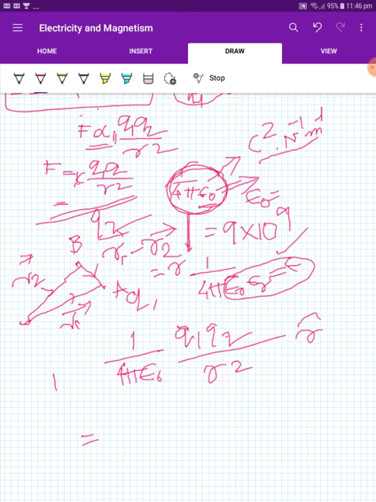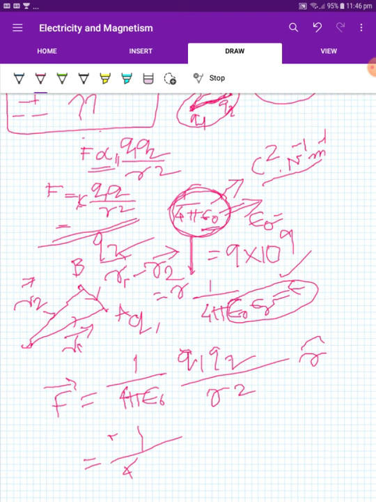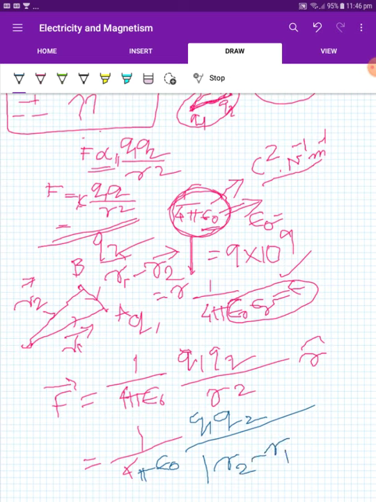That is, if we discuss elaborately, then 1 by 4 pi epsilon naught q1 q2 by modulus of r2 minus r1, sorry, this is r1, this is r2, square into r1 minus r2 vector.